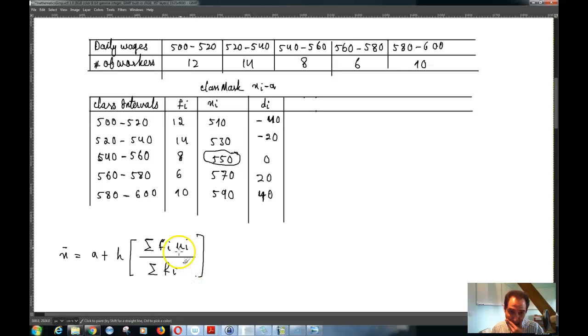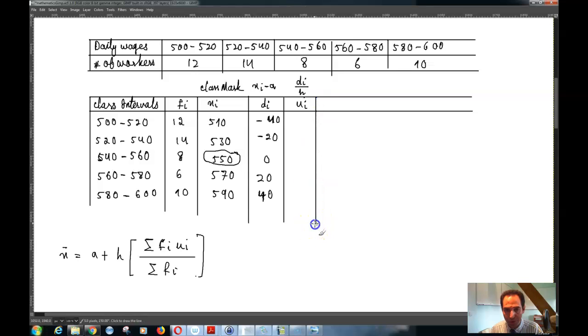Now my h over here is the class size, which is 20, a is 550, and then I can calculate u of i as well. So u of i is the same thing as d of i divided by the class size, which is h here.